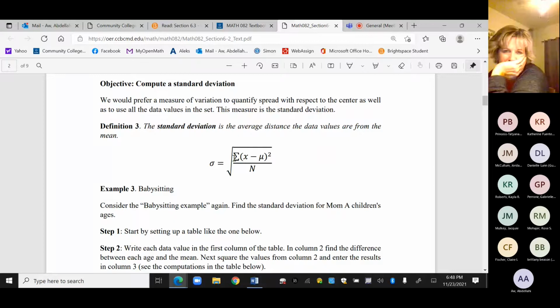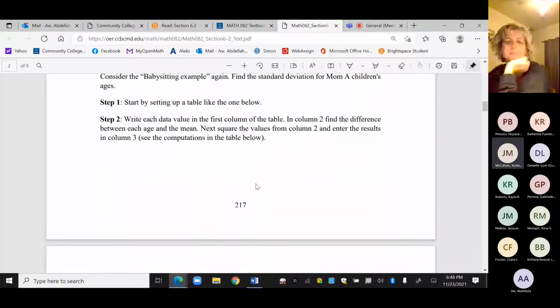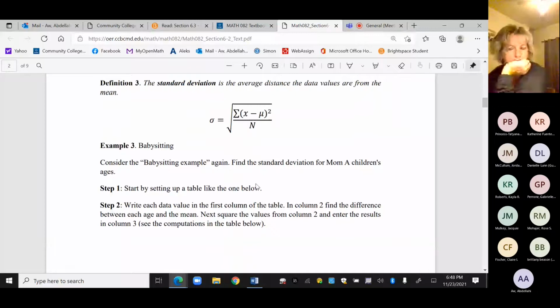So basically, this formula involves summing, adding up numbers. X is the data, mu is the average, the mean, and n is the size of the data. Okay? So that is the standard deviation.